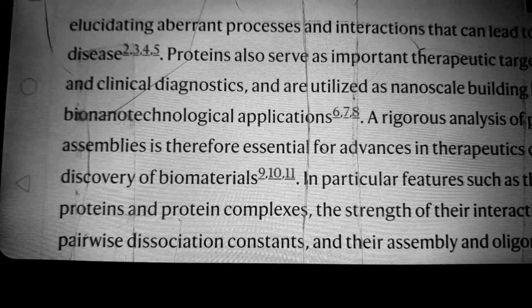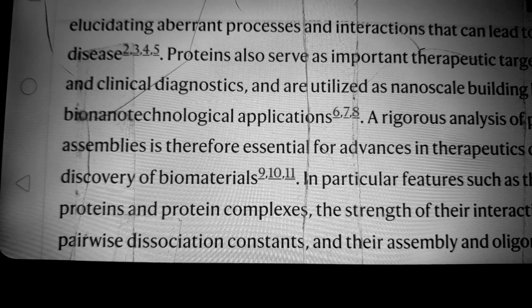Proteins also serve as important therapeutic targets in drug discovery and clinical diagnostics and are utilized as nanoscale building blocks in bio-nanotechnological applications. A rigorous analysis of proteins and protein assemblies is therefore essential for advances in therapeutics development and the discovery of biomaterials.